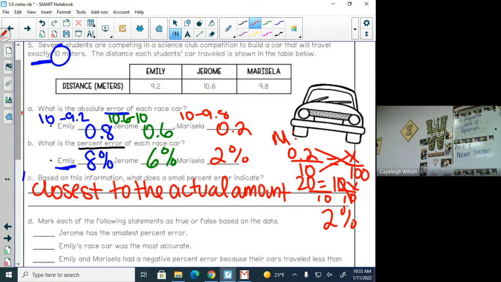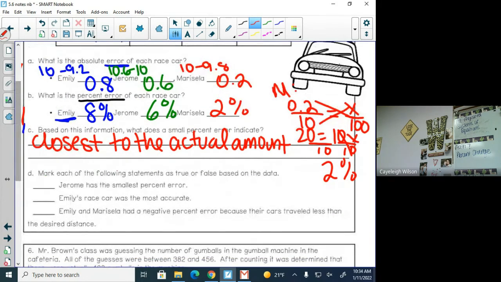Put T or F. All right, would you all say that Jerome has the smallest percent error? No, because who has the smallest percent? Maricela has the smallest percent error.